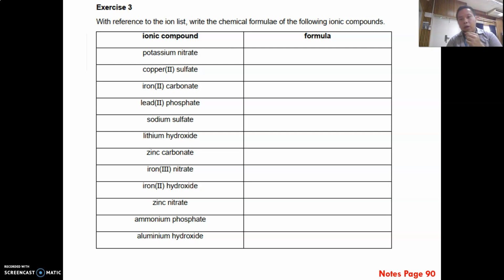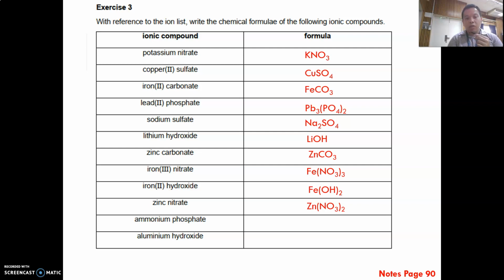Potassium nitrate KNO3, copper 2 sulfate CuSO4, iron 2 carbonate FeCO3, lead 2 phosphate Pb3(PO4)2, sodium sulfate Na2SO4, lithium hydroxide LiOH, zinc carbonate ZnCO3, iron 3 nitrate Fe(NO3)3, iron 2 hydroxide Fe(OH)2, zinc nitrate Zn(NO3)2, ammonium phosphate (NH4)3PO4, aluminium hydroxide Al(OH)3.